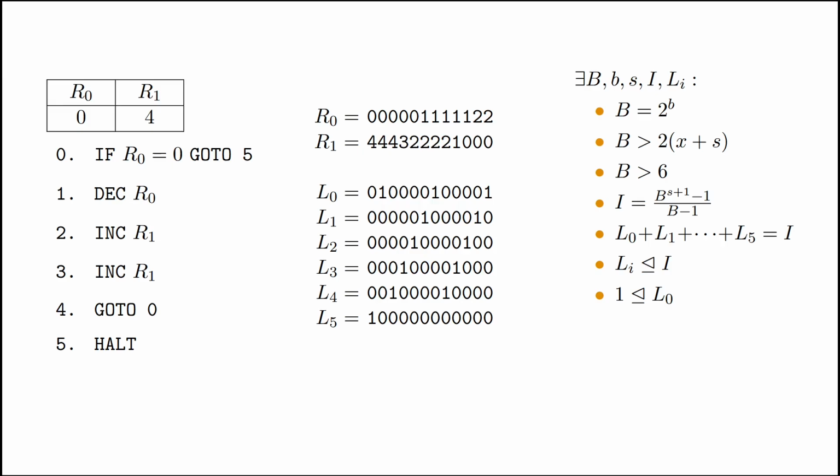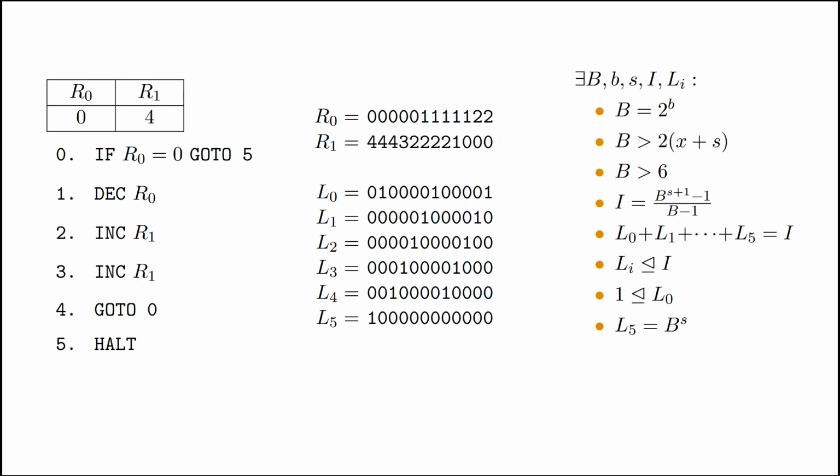That is, L0 in its ones place has a 1. And of course we want to allow L0 to have ones elsewhere, which is why we're using a subset and not an equals. Then we require that we reach the halt line at the last step and no earlier. L5, on the other hand, has to be exactly b to the s.